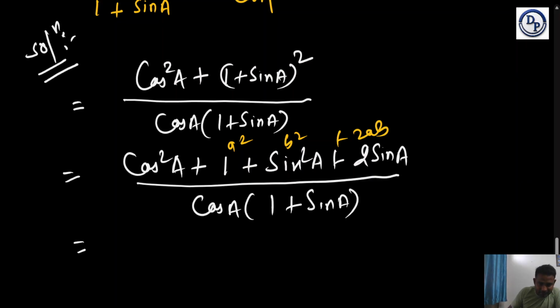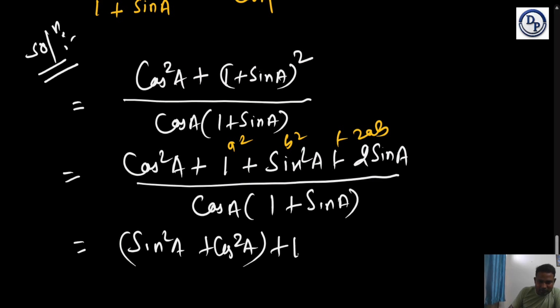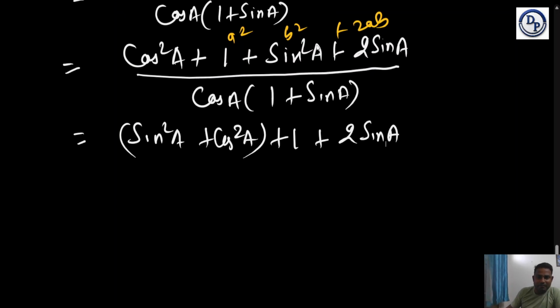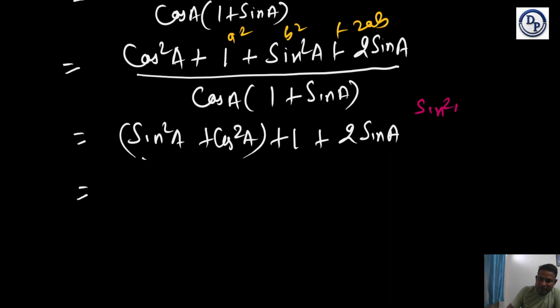Okay, अब देखो, अब ध्यान से कि आप इस cos square A को और sin square A को साथ रख लो। अब एक आपको आइडेंटिटी सी फीलिंग आ रही होगी, यहाँ sin square A plus cos square A को हमने साथ रख लिया, और ये plus 1 यहाँ पर और 2 sin A हमने यहाँ। ठीक है, अब आप ध्यान से देखो, ये आपके आइडेंटिटीज में आ रहा है। हमें पता है कि sin square A plus cos square A gives us 1.